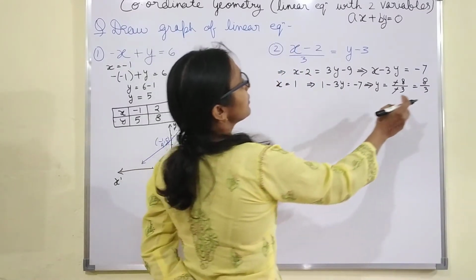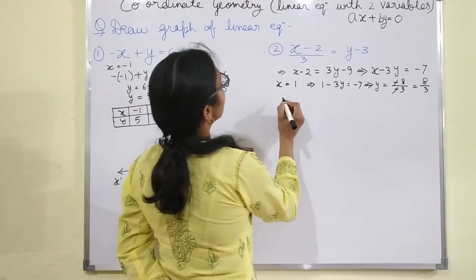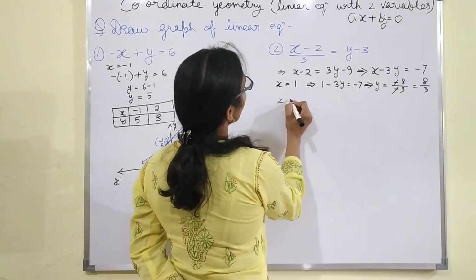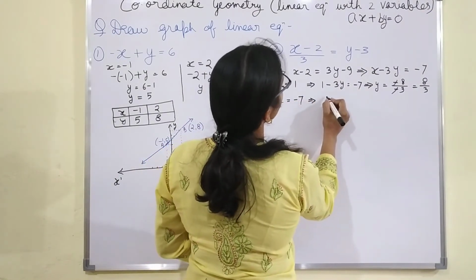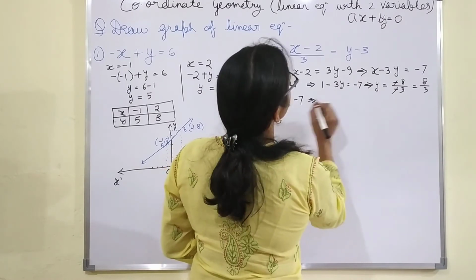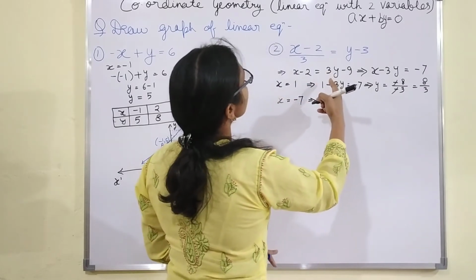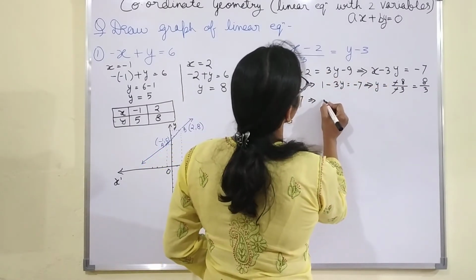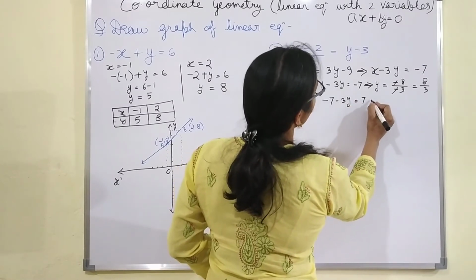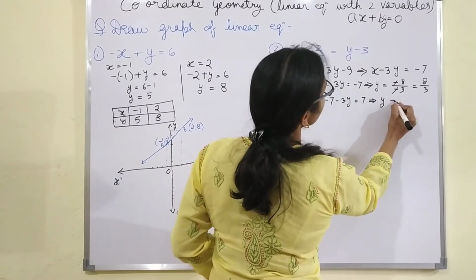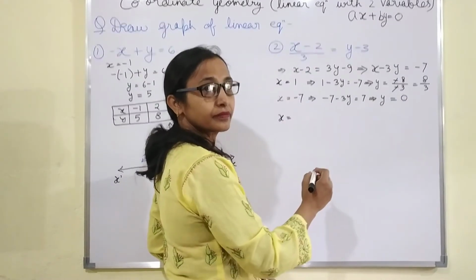So we will take quite easier values for x and y. So x equals to minus 7. The equation is this. Okay. So minus 7 minus 3y equals to minus 7. So value of y will become 0.